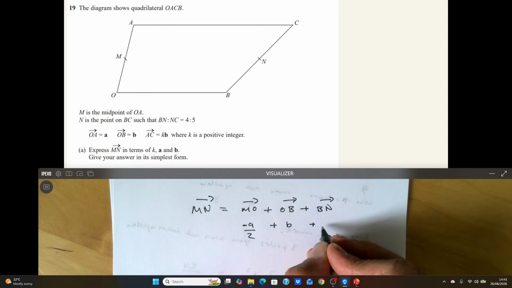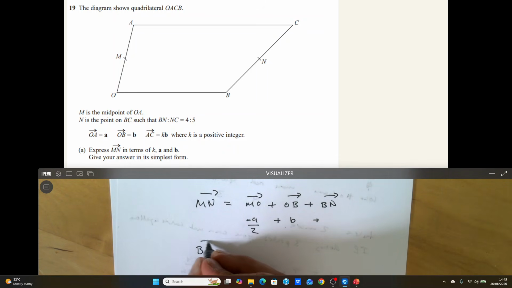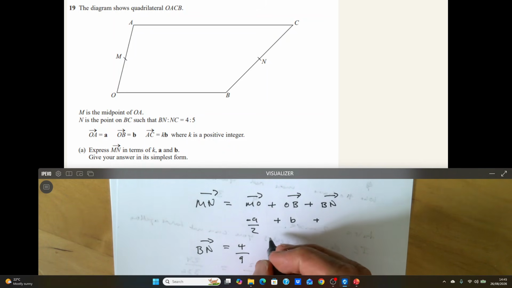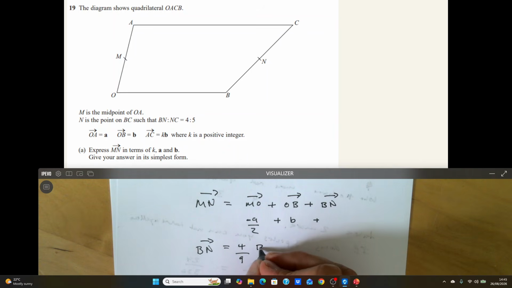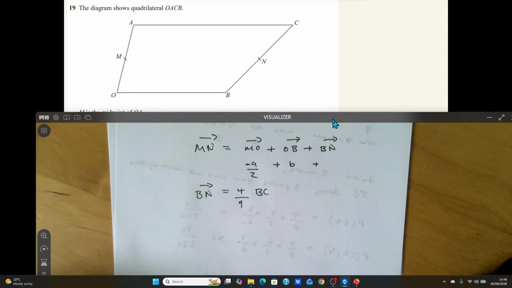And what is BN? Well, BN equals 4/9 of BC. So I'm now going to need to work out what BC is.